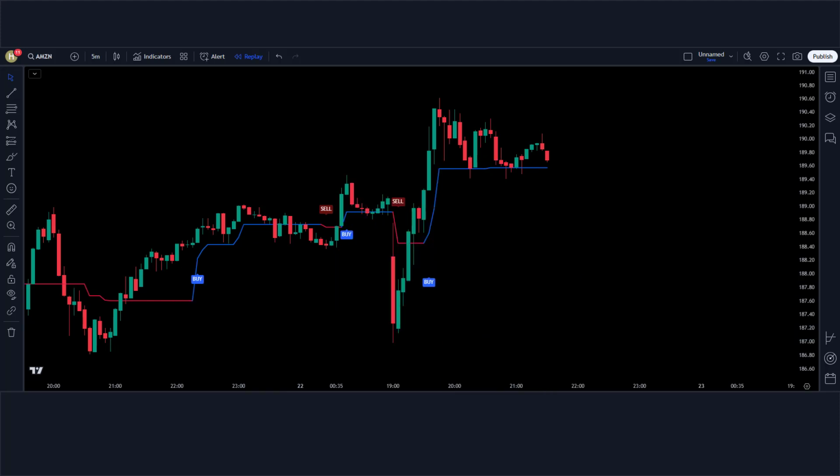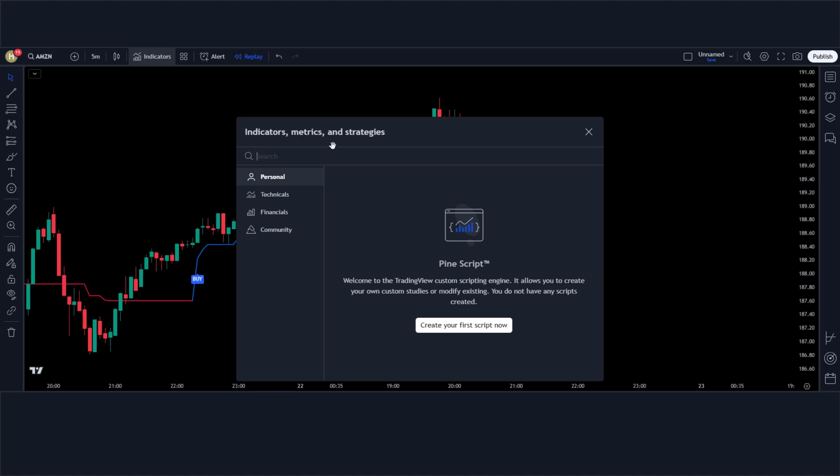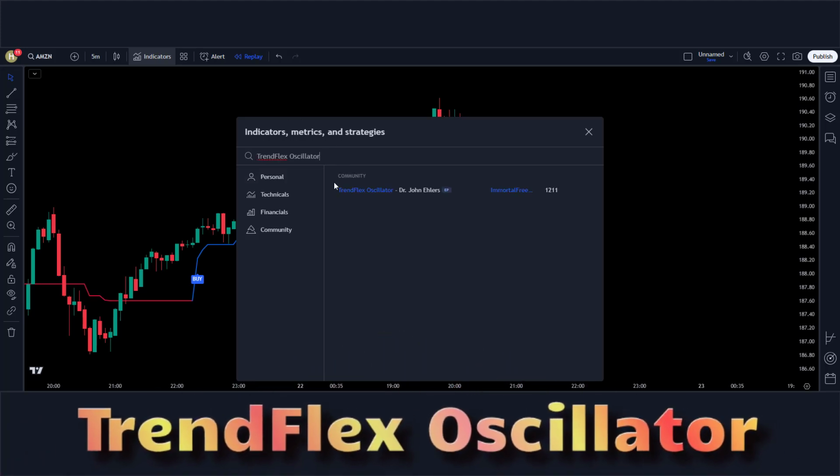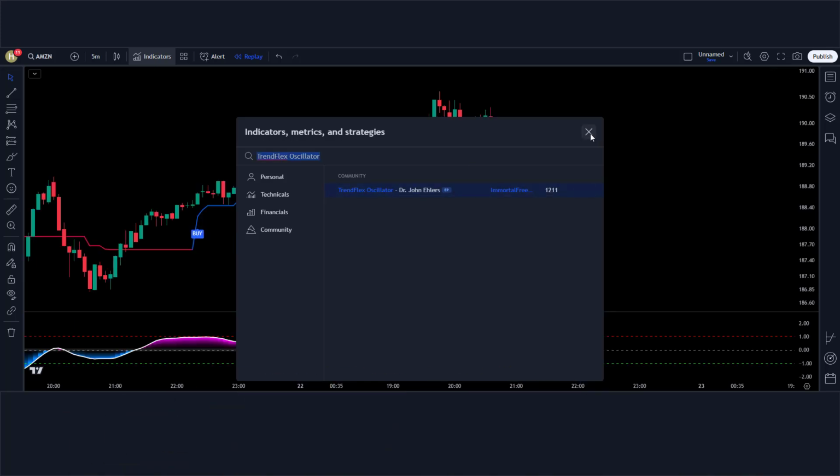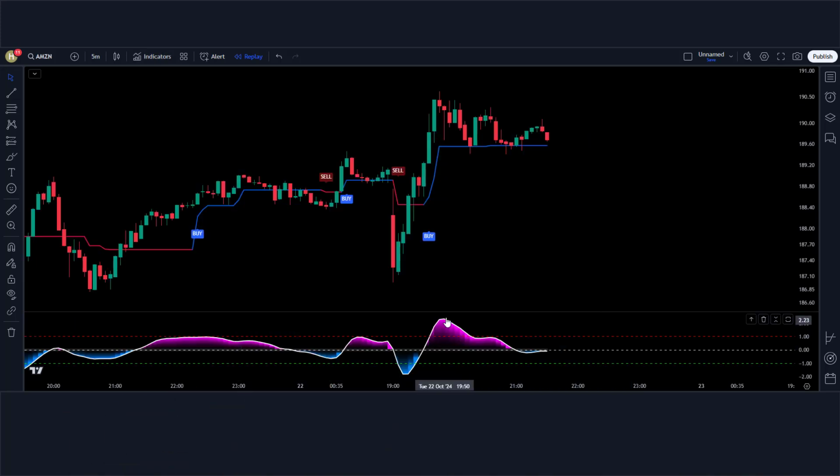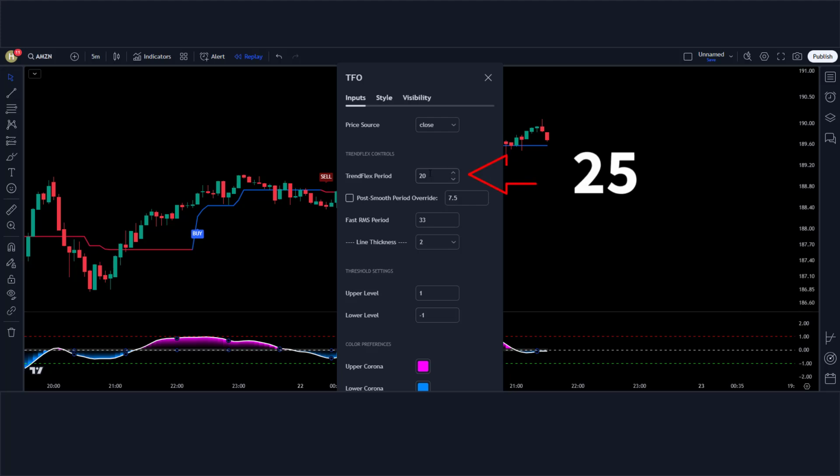After that we have to apply another indicator on the chart. The second indicator is named TrendFlex Oscillator. Keep the indicator settings as I have shown here.